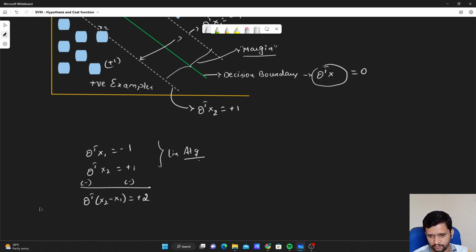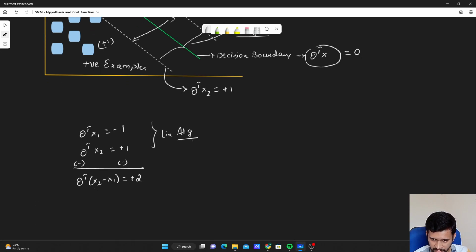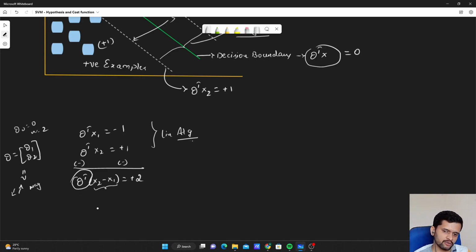Now I want the distance between x2 and x1 to be maximum. In order to do that, I have to do away with theta transpose. This is a vector, so let's consider theta 1, theta 2, with theta 0 equal to 0, as we are dealing with two features. If this is a vector, it will have some direction and magnitude, so we have to do away with the magnitude part of this vector.